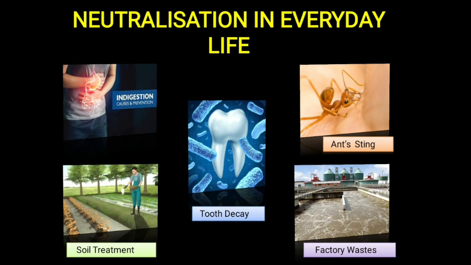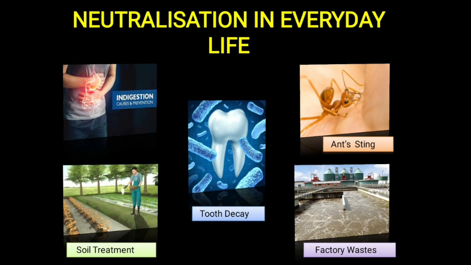In curing tooth decay, one of the best common applications of neutralization of acids is the toothpaste. Toothpastes contain an alkali that neutralizes the weak acid, that is lactic acid, which is produced by the bacteria, and prevents tooth damage.